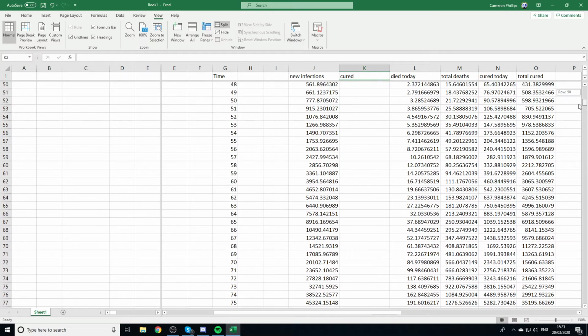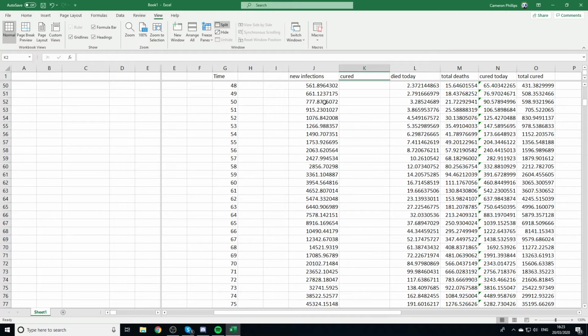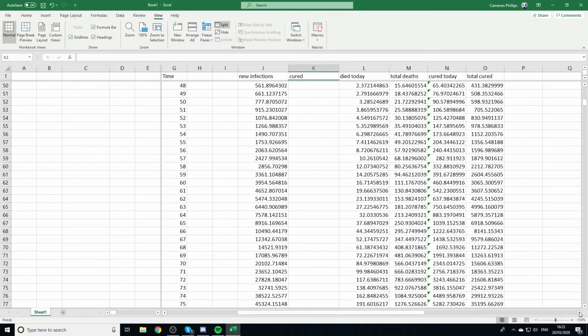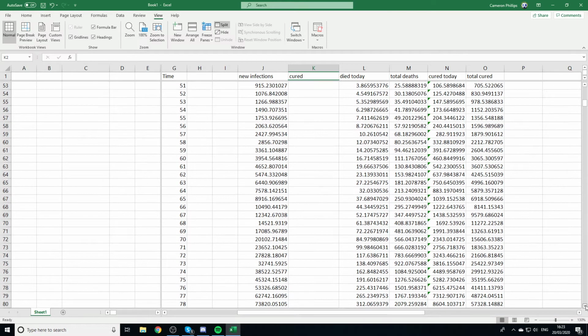Day 50. New infections 777, died today 3. Total deaths 21. Cured today 90. Total cured 598. So when you start getting a cured rate after 14 days, it doesn't go up quite as rapidly, actually.